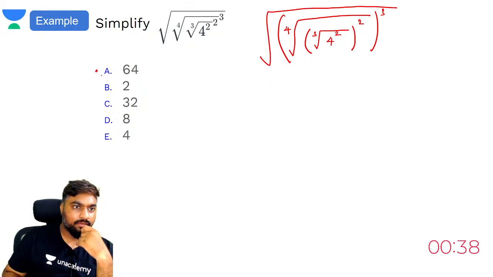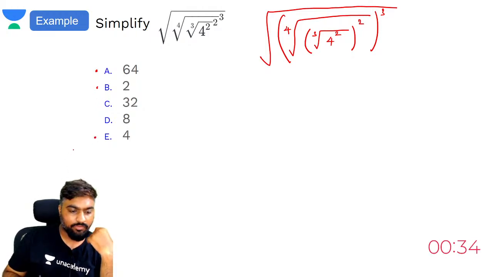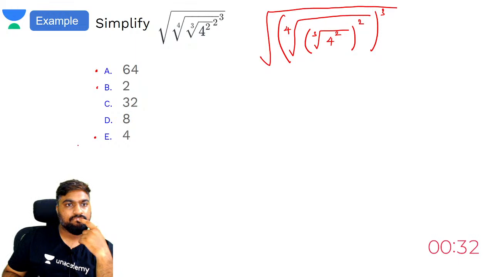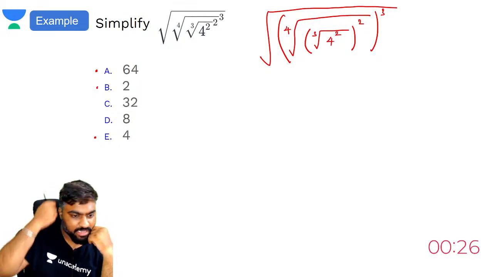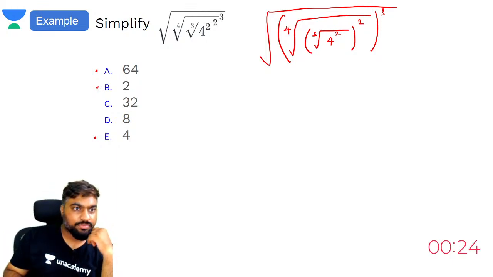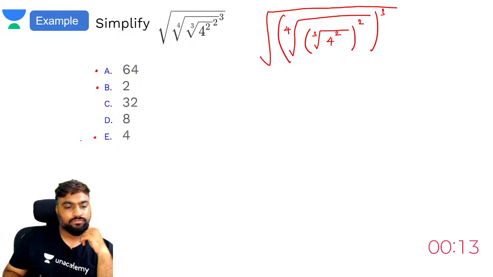A, B, E, any other answers? So we have option, people saying option A, option B, option E. Anyone else? Any other answers?